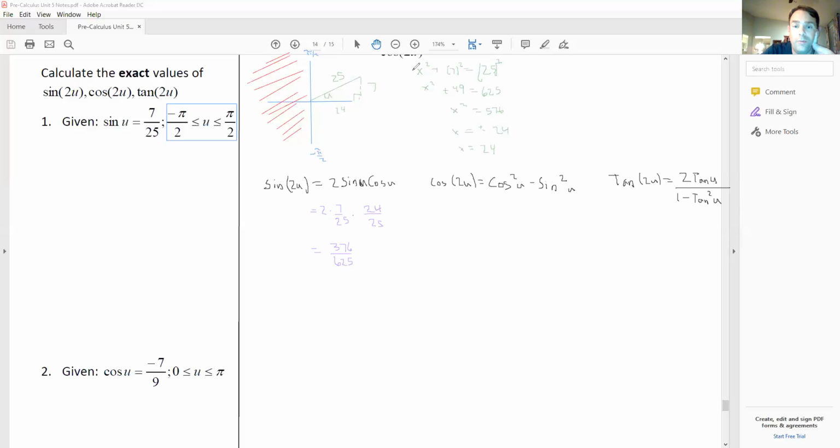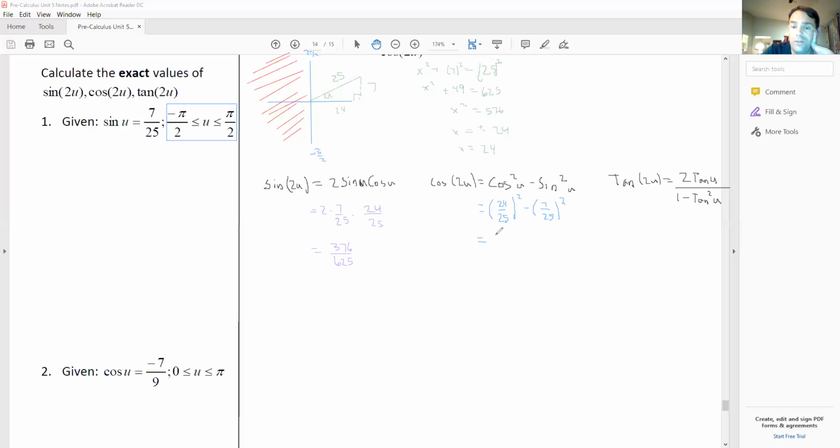All right, next up here, we got our cosine 2u. So cosine u is 24 over 25, so we're going to square that. Minus sine u, so that would be 7 over 25. We're going to square that.